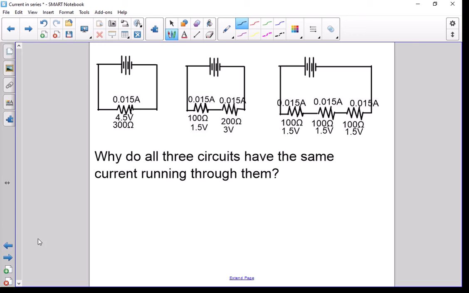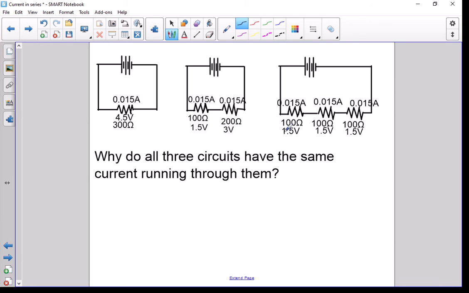So the key thing here is we've got 4.5 volts in all of these circuits, so 4.5 volts in total in the first circuit, 4.5 volts in total in the second, 4.5 volts total in the last. The total resistance is the same as well, so 300 ohms, 300 ohms, 300 ohms.